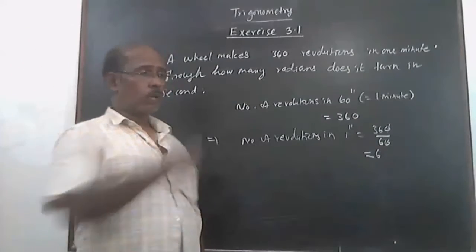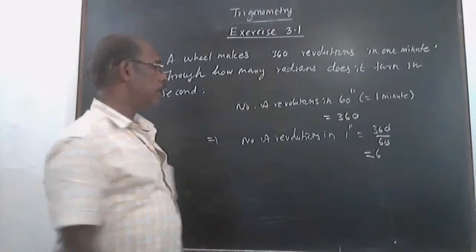Remember student, 1 revolution equals 2 pi radian.